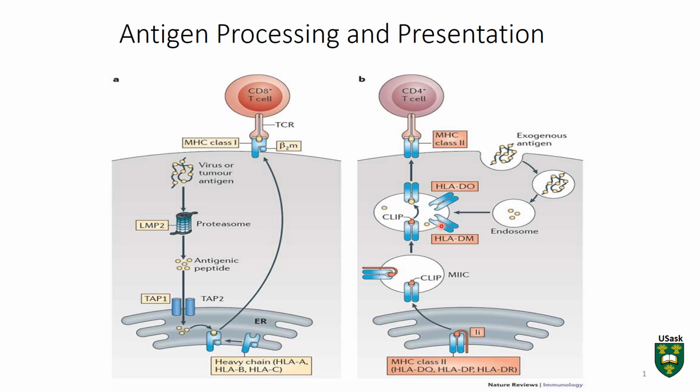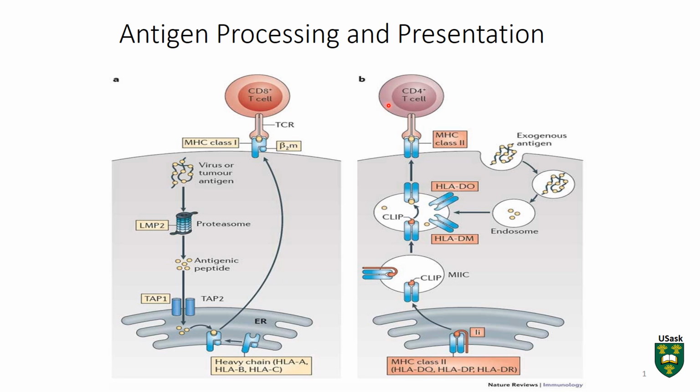So now these peptides will find a spot to bind to, and they will bind to class 2. Once bound, class 2 becomes mature, goes to the cell surface, and activates another type of cell called CD4 positive T cells.